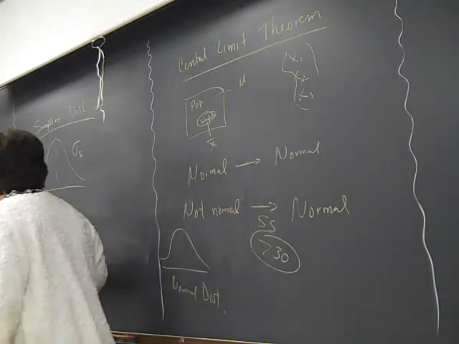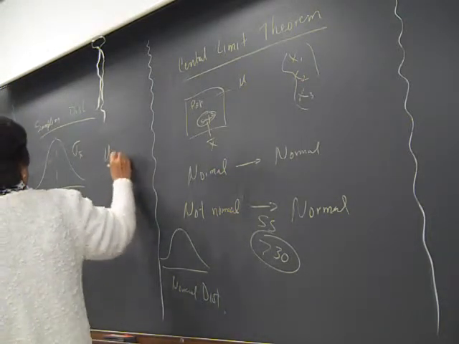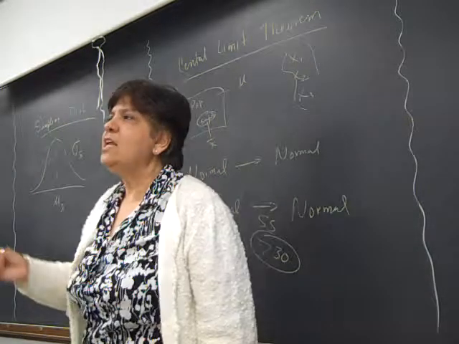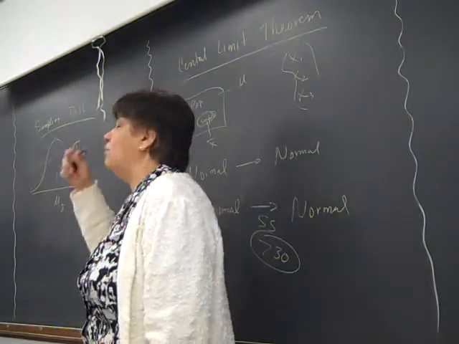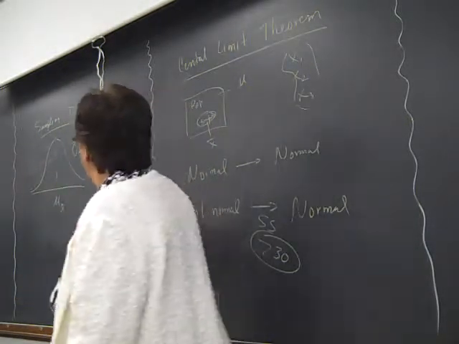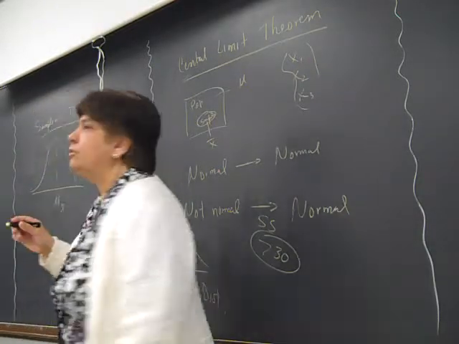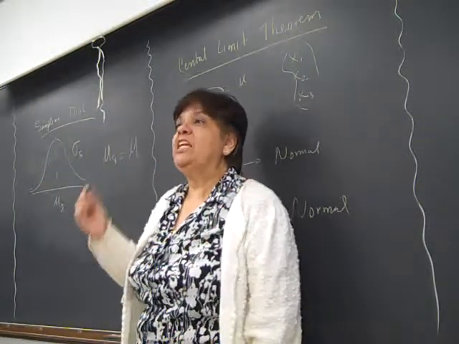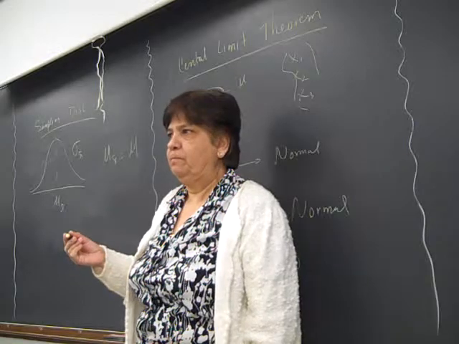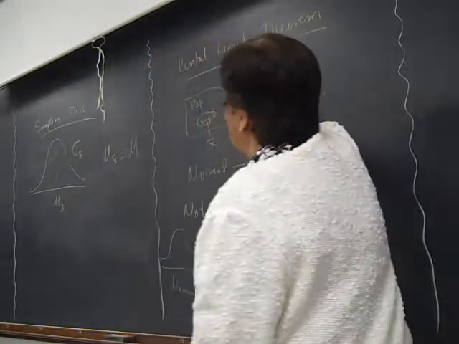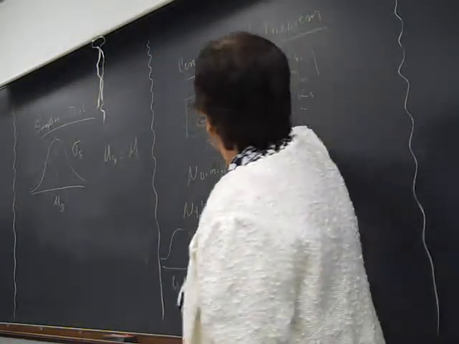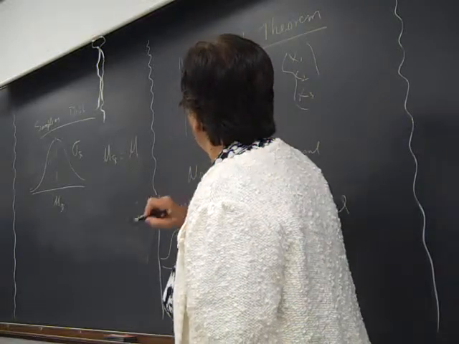Okay, what is, in the long run, the mean of the sampling distribution? The mean of the sampling distribution in the long run is going to be the mean of the population. Okay, remember, this is the mean of the population, and this is the standard deviation of the population.